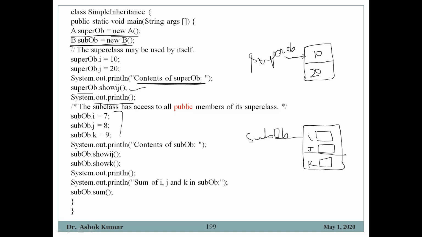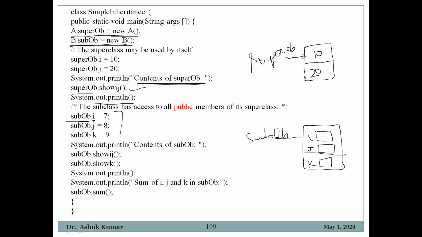See here, with the object of the subclass, we are accessing the superclass variable i, because the subclass has inherited the instance variables and instance methods of the superclass.